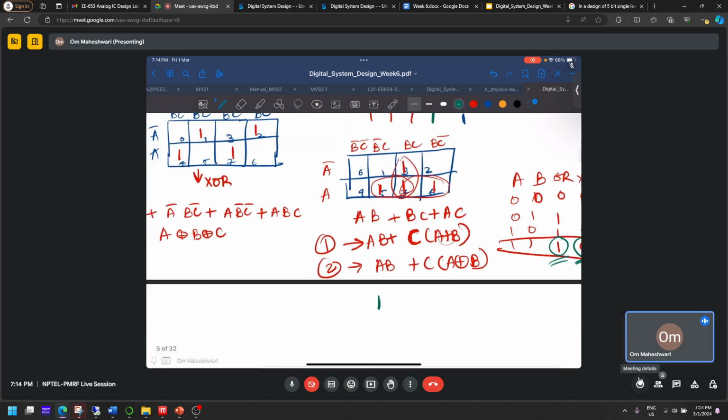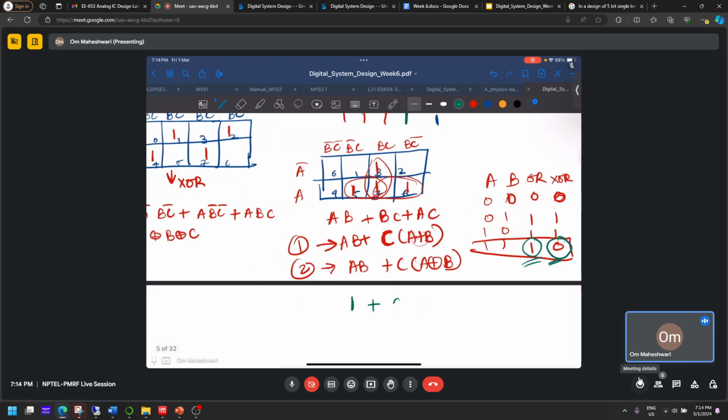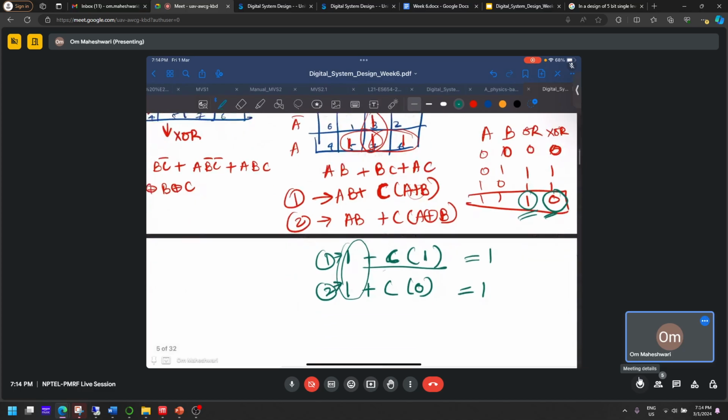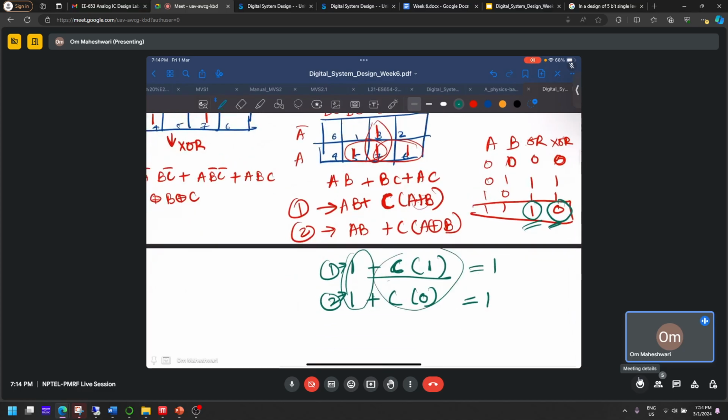A dot B will be 1, plus C times 1 in the OR case and plus C times 0 in the XOR case. But 1 plus something is always 1 in Boolean algebra, so it does not matter. We can take either the OR or the XOR gate.